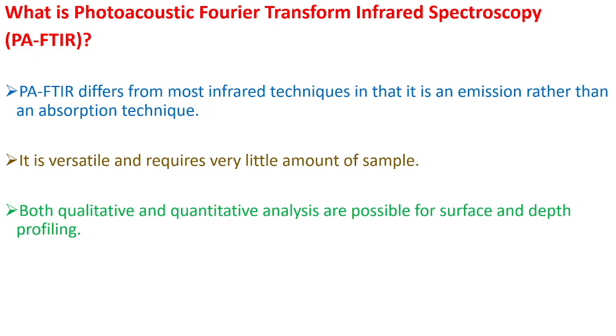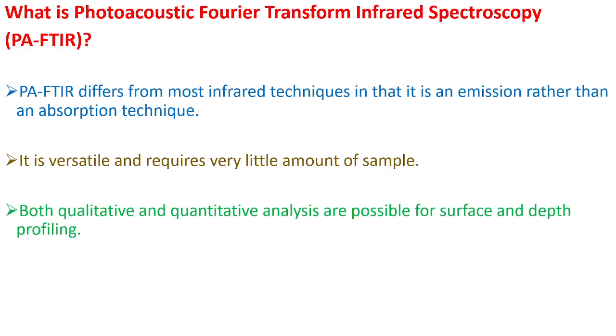So first, why does PAS differ from FTIR? In the next slide we'll discuss the basic principle and instrumentation. Before that, to make a difference between infrared and PAS: basically it is an emission rather than an absorption technique, and it is also very versatile and requires a very small amount of sample.